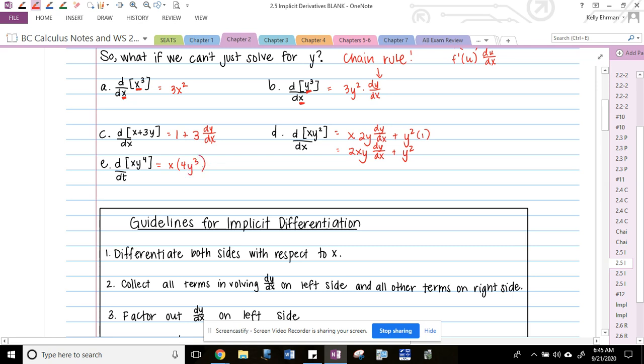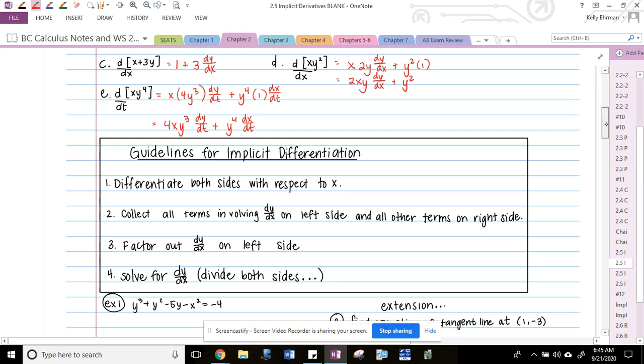So this isn't going to be dy dx, it's going to be dy dt, plus the second function times the derivative of the first. Derivative of x is 1 times dx dt. And I can clean that up, make it like 4xy to the third dy dt plus y to the fourth dx dt.